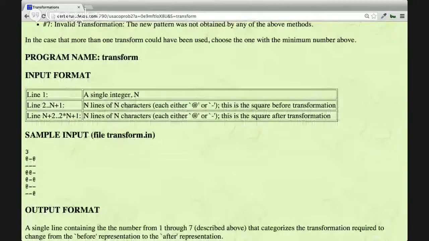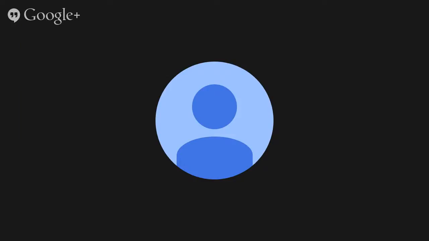In the input, you may have three matrices.